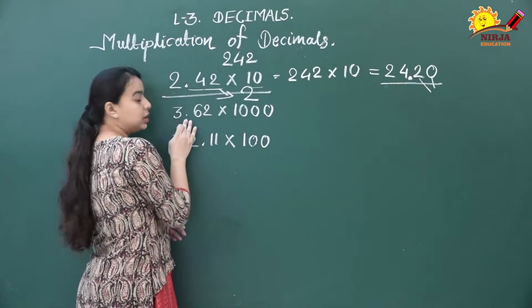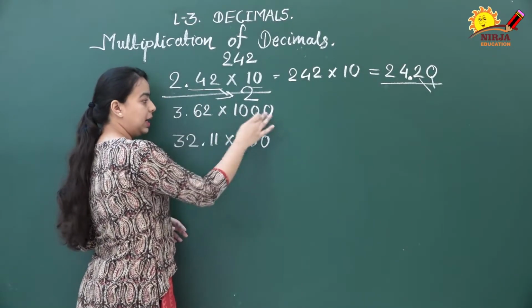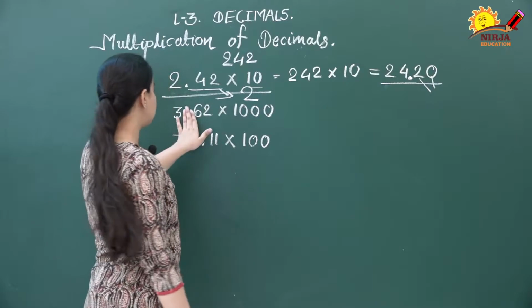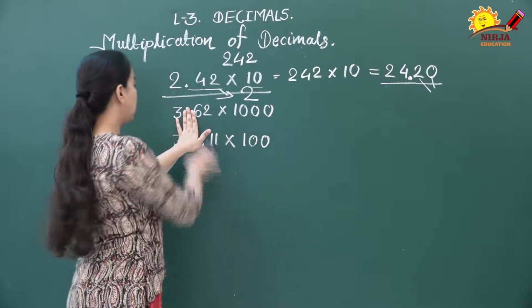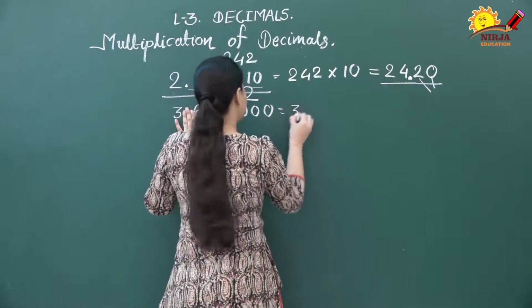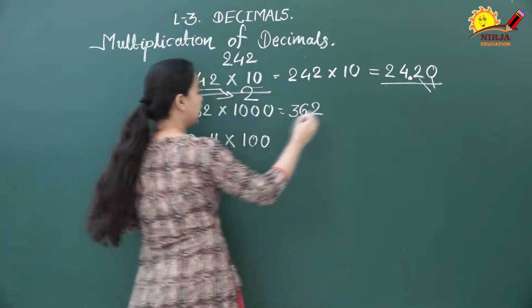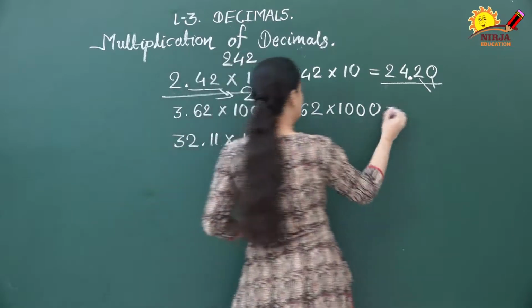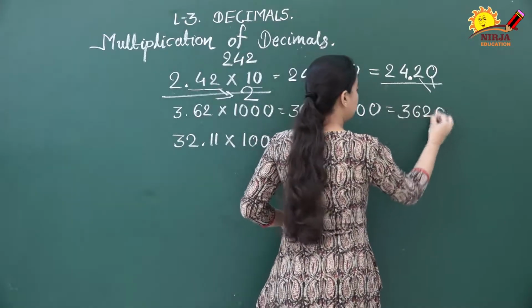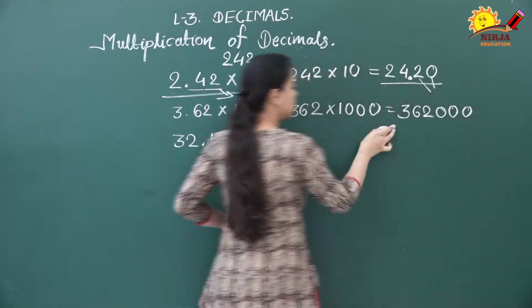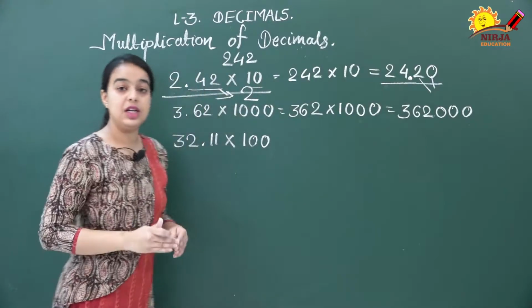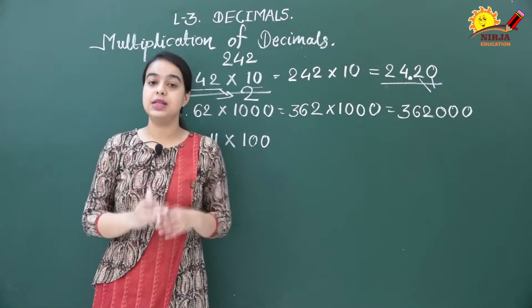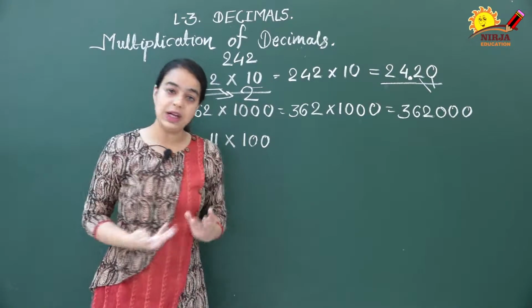Here it is 3.62 multiplied by 1000. As I told, first ignore the decimal point. This number will convert into 362 multiplied by 1000. That means we are going to add 3 zeros after this number. Here we got our answer. Now we need to count decimal places in the numbers which we are multiplying.